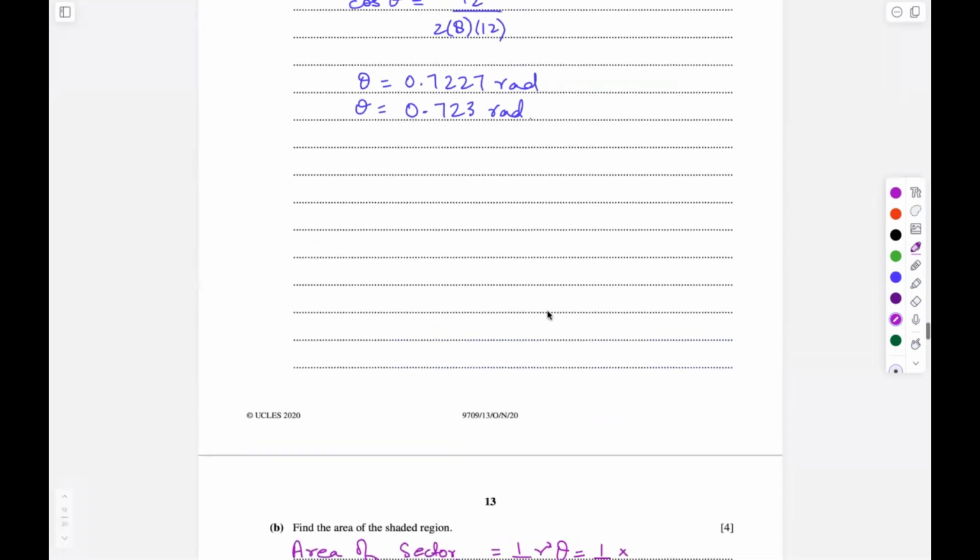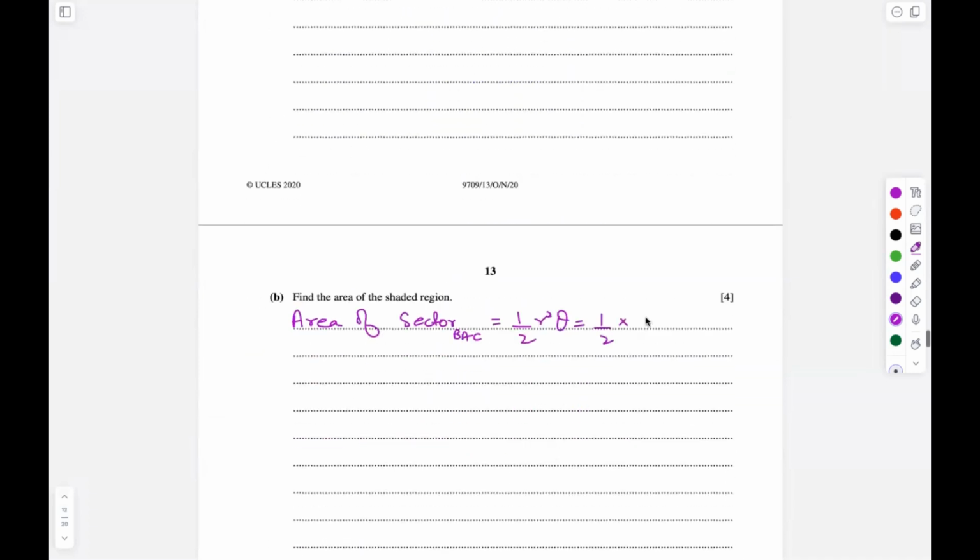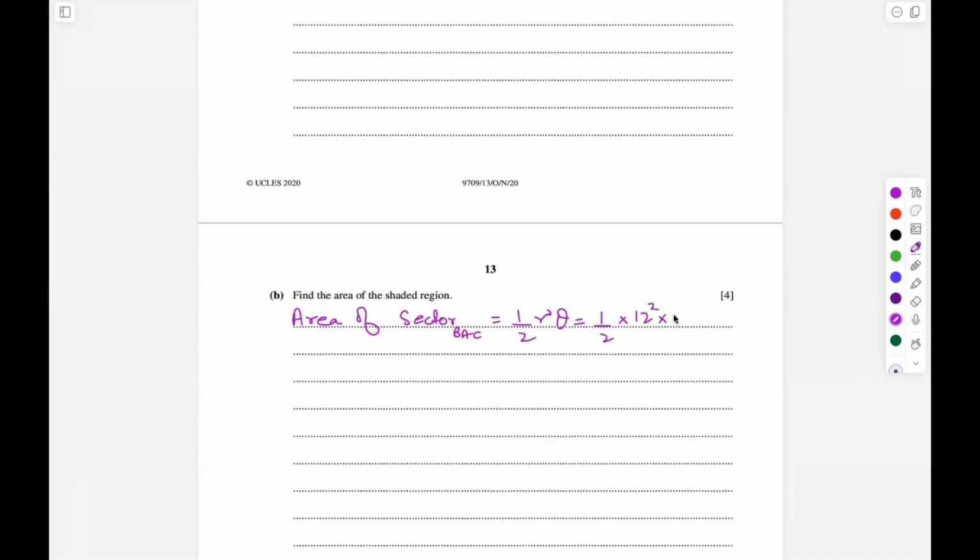So the radius of the sector is 12 and the angle was 0.7227. So this will become half into 12 squared into 0.7227. Substituting this in the calculator, that will become 52.036.